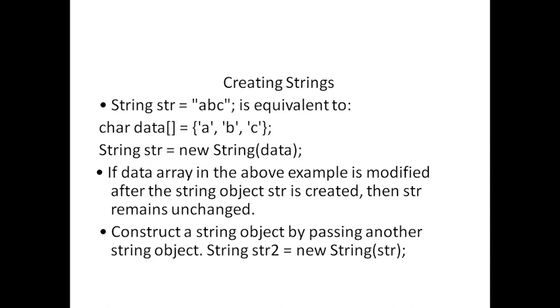And we can use another method for that. First, you have to create a data array of character type and give some values. Inside the curly brackets you can give some values, that is a, b, c, and using the new method for creating a string, you can pass this data array inside the string.